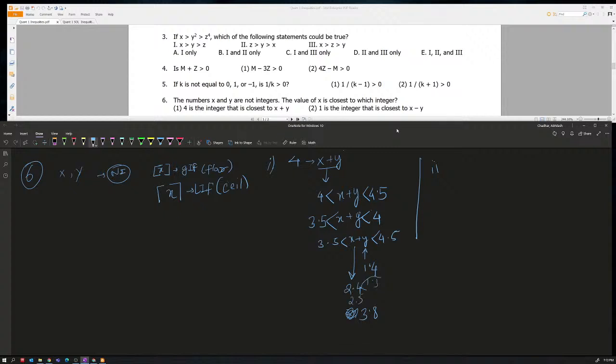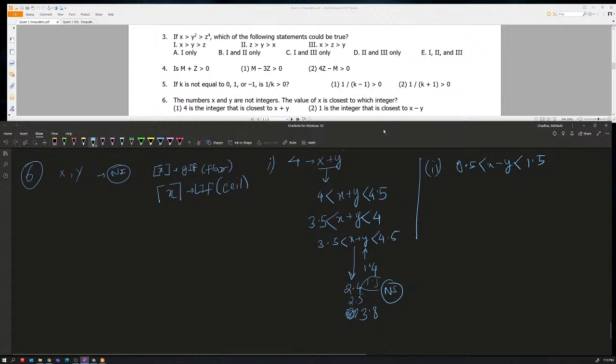So these are not sufficient. Then we see the second one: 1 is the integer that is closest to x minus y. So it could be 0.5 to 1.5. These are the two inequalities.